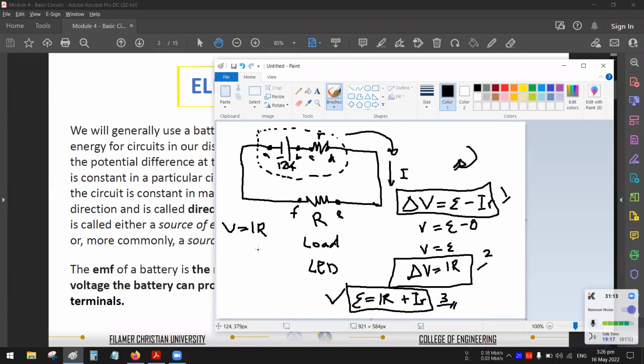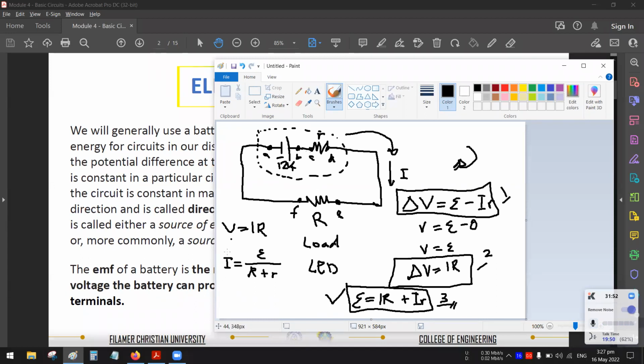Diba? Ideally. So kung i-transpose natin siya, let's say if you want to solve for the current, your equation for the current will be equal to, transpose na lang siya, di ba? So that would be the ratio of your EMF and the sum of your load resistance and your internal resistance. Ayan.